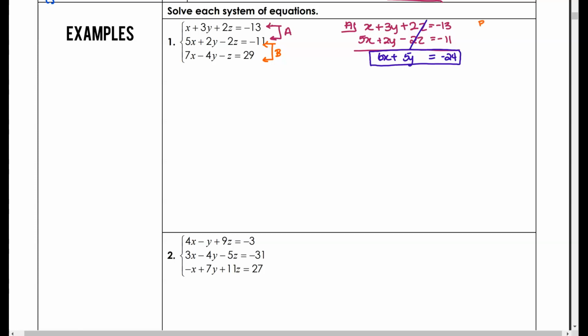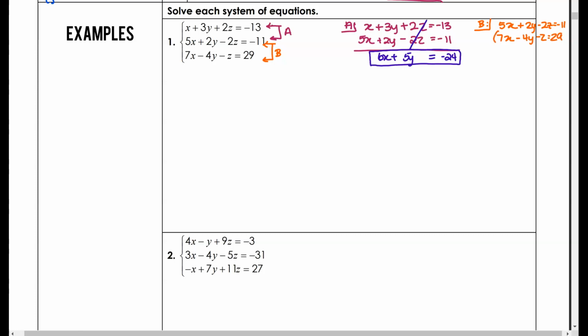So for b, I'm going to have 5x plus 2y minus 2z equals negative 11. Okay, I can barely fit it in here. And then I have 7x minus 4y minus z equals 29.